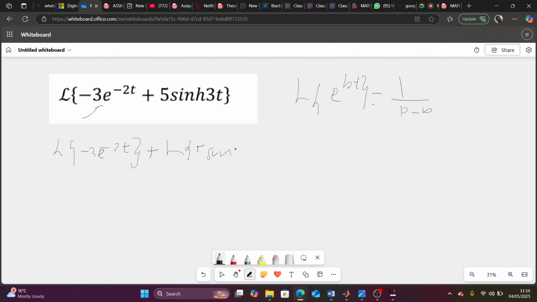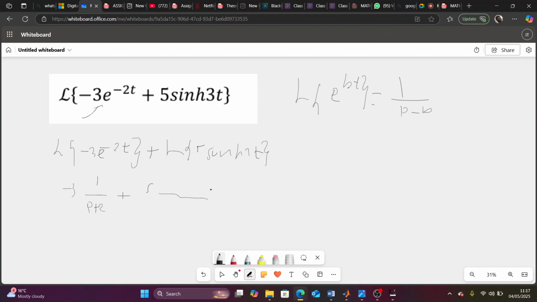It does not really matter, but let me write it for the sake of people who will watch the recording. Now, the Laplace of this will simply be minus 3 times 1 over p minus b. There is p, there is minus from the formula, and this minus here makes it 2. Now plus, in this case, you have 5 as a constant out.